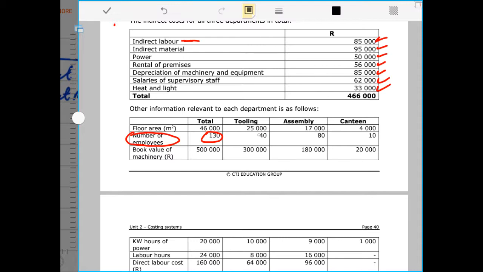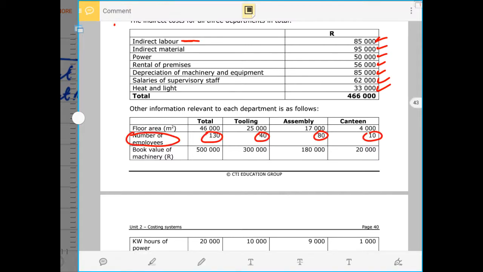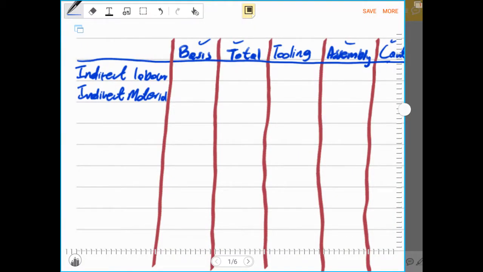Tooling is 40, assembly we have 80, and canteen we have 10. However, if it was given to use another overhead, then we'll still use another overhead. So the base to allocate the indirect labor cost will be the number of employees.